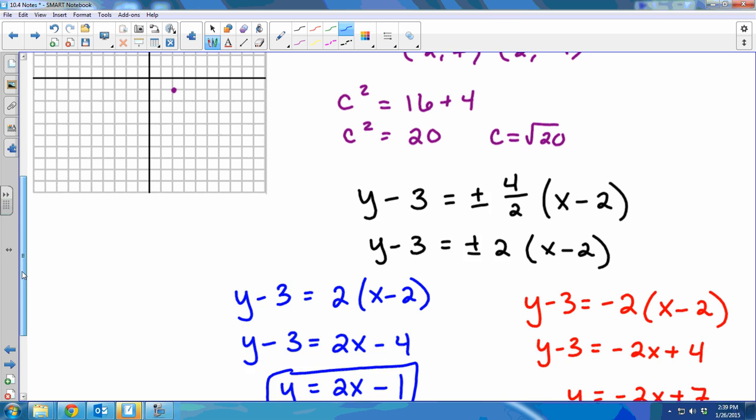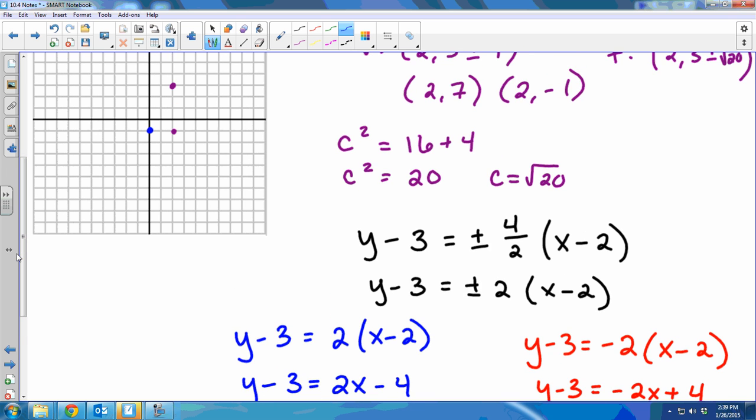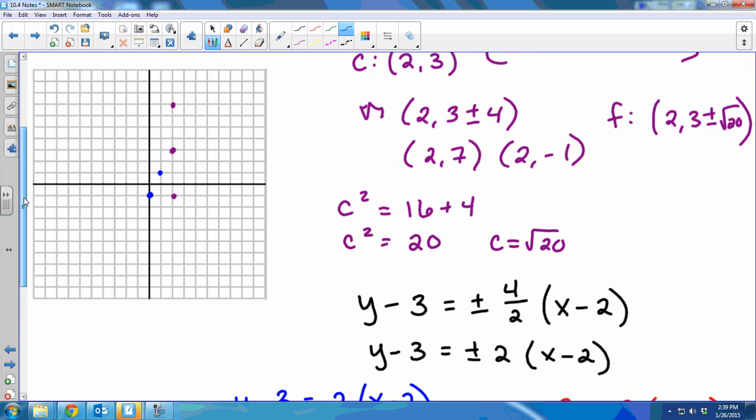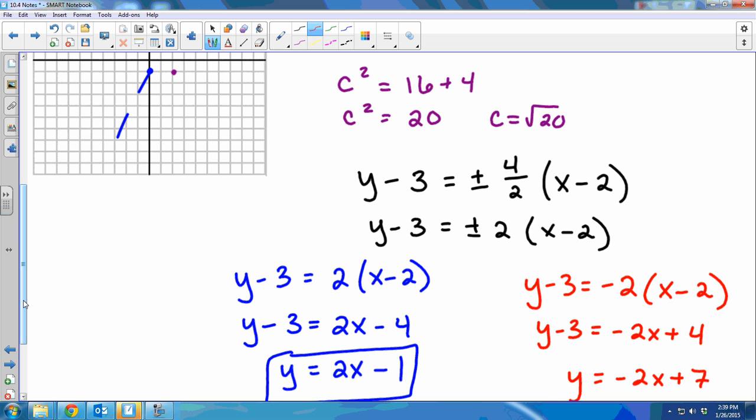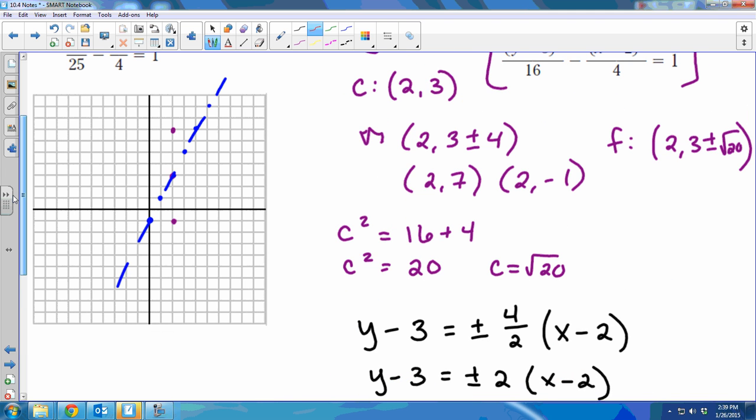That's the y-intercept. And I'm going to go up 2 over 1. That's my first asymptote. And then the second one has an equation where my y-intercept is at 7, and my slope is negative 2. I'm going to go down 2 over 1.